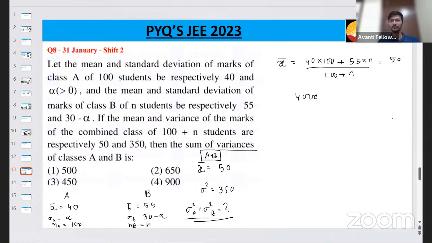So 4000 plus 55n is equals to 5000 plus n. So 54n is equals to 1000. Oh, sorry.